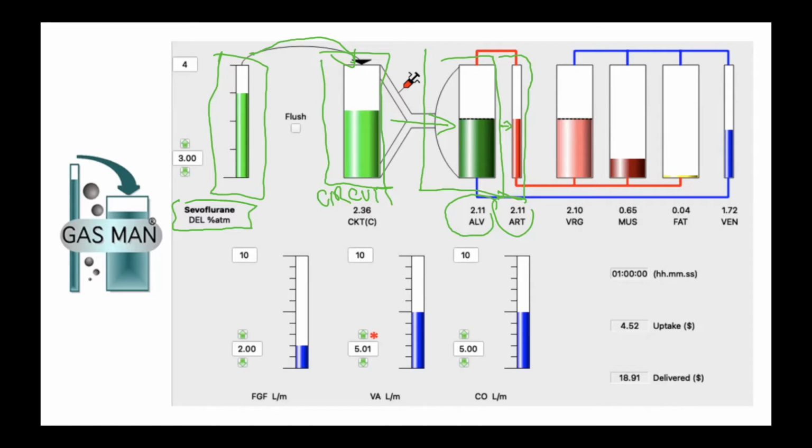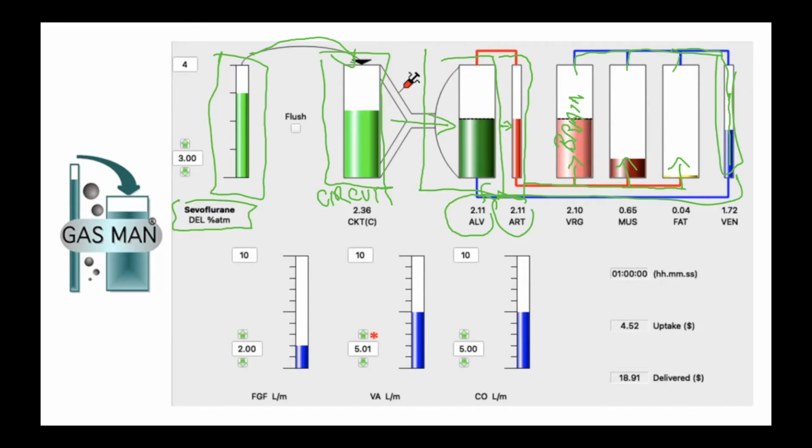And as you can see, it then gets distributed into three compartments: your vessel-rich group, your muscle, and then your fat. And remember from the previous diagram, this is where your brain exists. And then from there, all the three compartments head back into your mixed venous blood before going back to the lung.